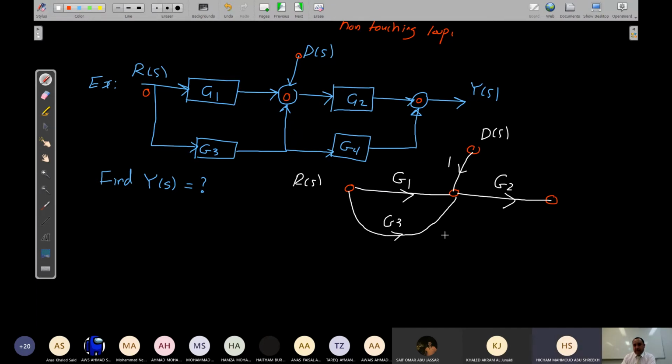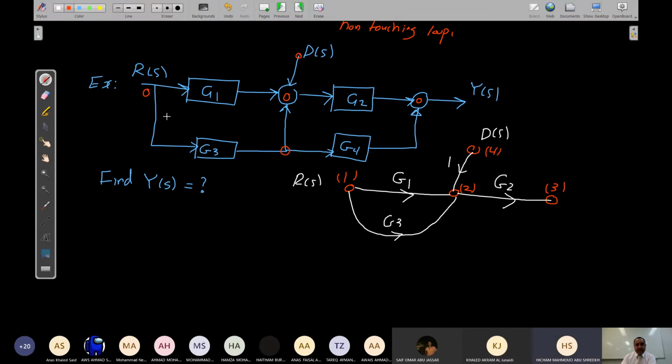Then node 4. Just a minute, let's number it for you. This is 1, this is 2, this is 3, and this is 4. No, look to the direction of the arrow. So here you have two choices. The first one is to make here a node.